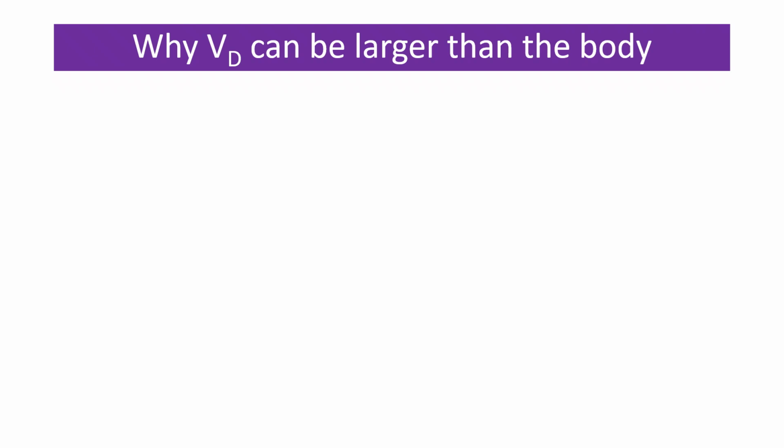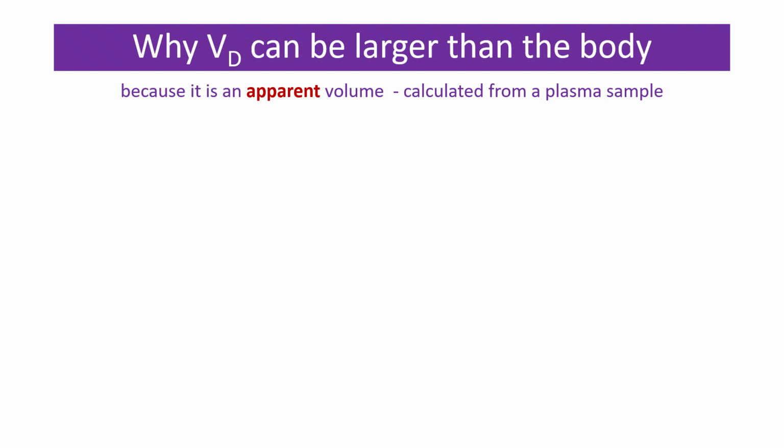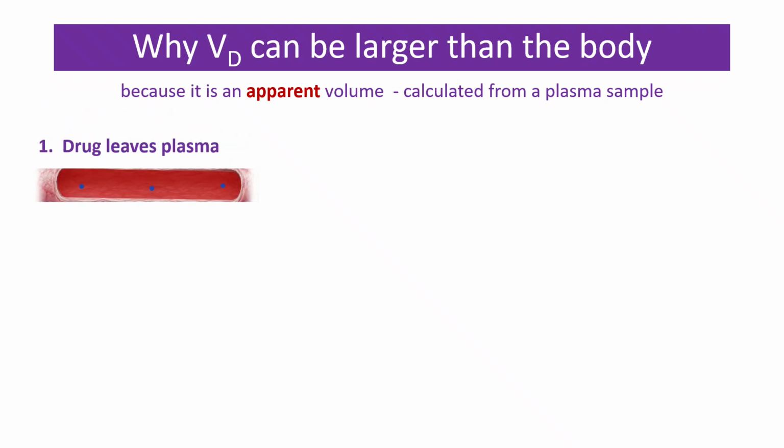One of the strange things about the volume of distribution is that it can be much larger than the actual volume of the body. This is possible because VD is not a real anatomical container. It is an apparent volume calculated from plasma concentration. If a drug leaves the plasma and accumulates in tissues, only a small amount remains in the blood sample.